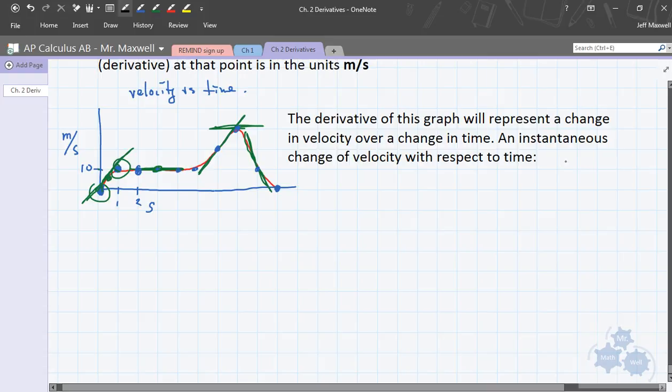And that is going to be meters per second, right? What's meters per second? Well, that is meters per second squared, and that is what we know as acceleration. So an instantaneous change of velocity with respect to time is acceleration.